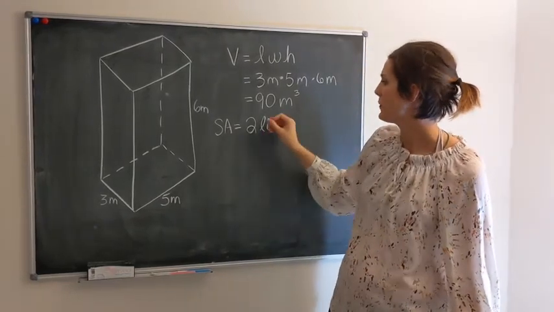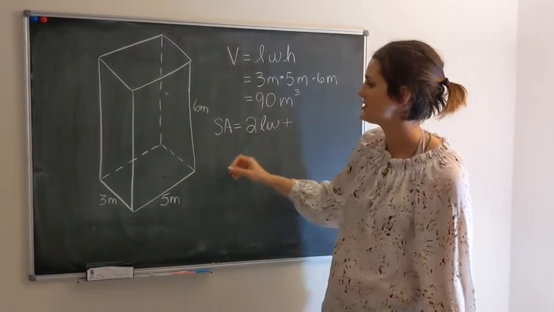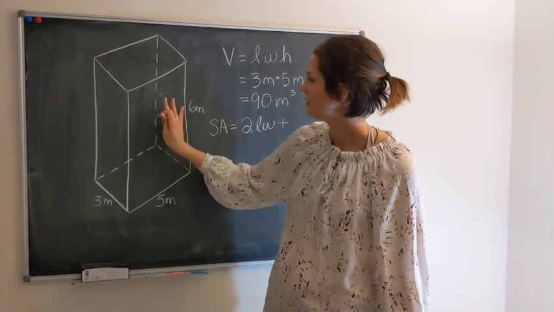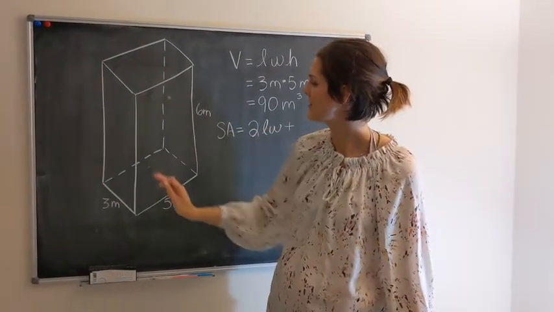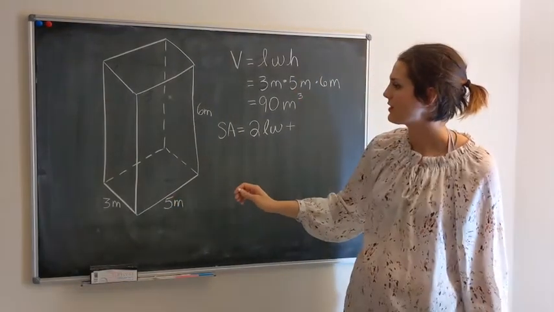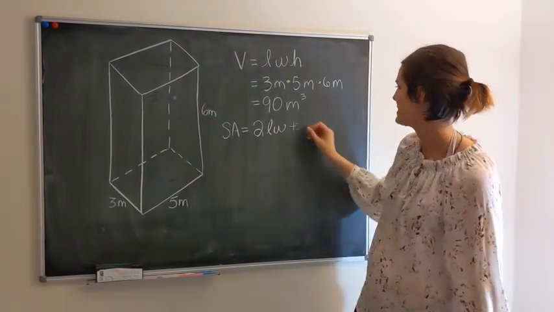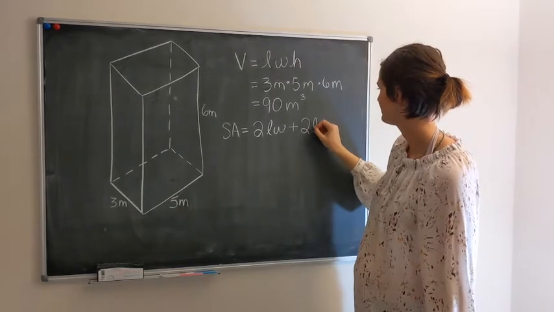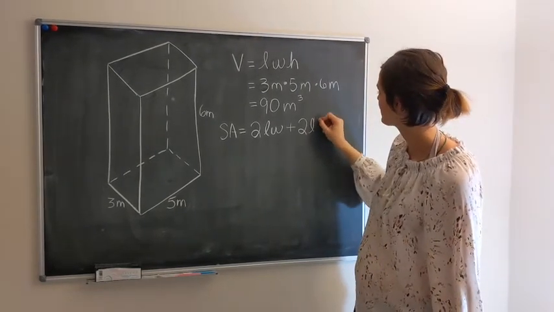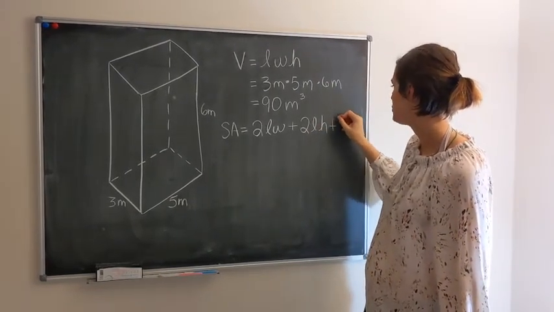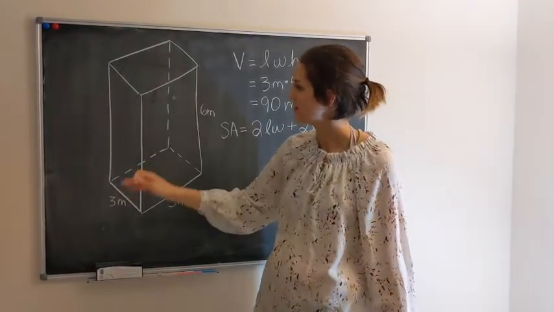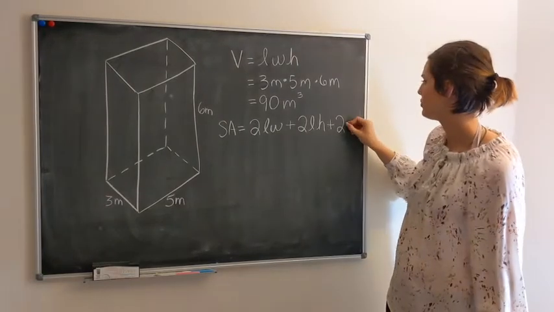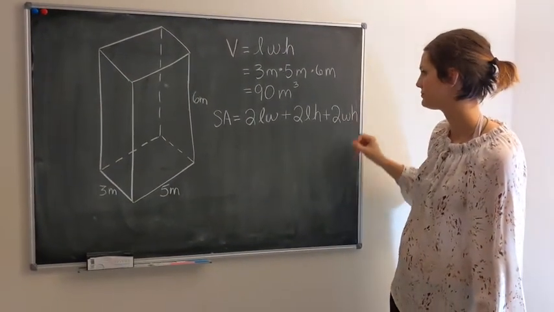And then we'll also have 2 faces, this one here on the right and the one behind to the left, whose areas are length times height, or in this case 5 times 6. And we'll have 2 faces, front left and back right, whose areas are width times height.